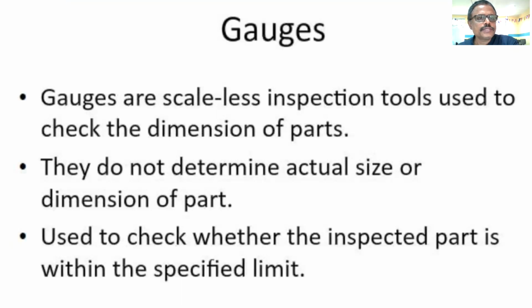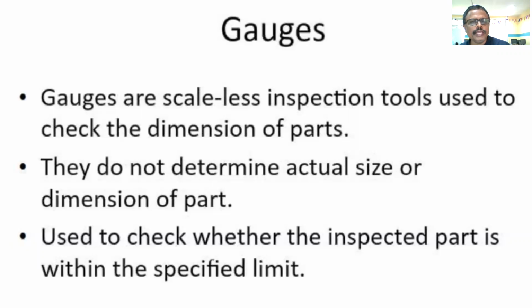So what are gauges? Gauges are not the instruments where you can measure the dimensions. They are scale-less inspection tools used to check the dimension of the parts. So in gauges, you are not making use of the scales.